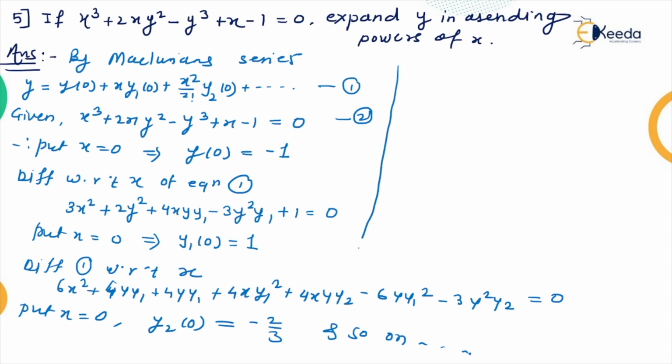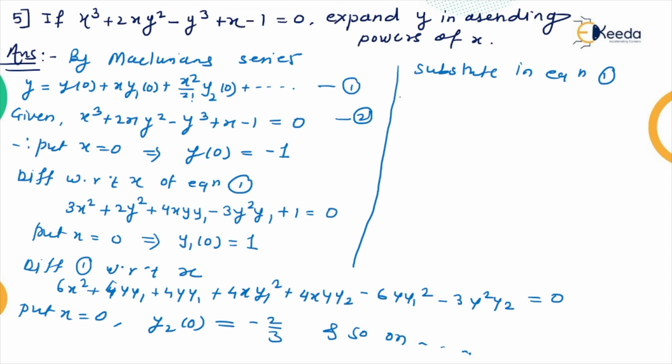Our next target is to substitute these values, y1 of 0 and y2 of 0, in equation number 1. So what is equation number 1?